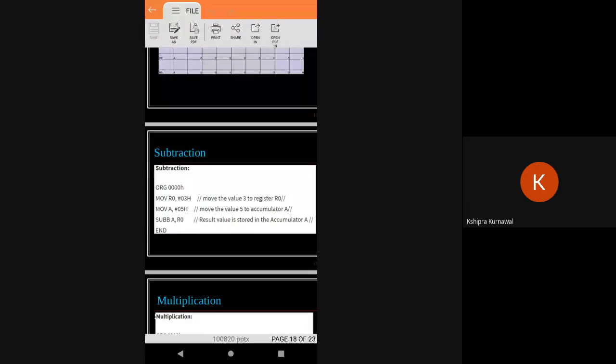You have listened the earlier sessions carefully, so that time only I gave the answer that by default R0, if it is written like this, so it is taken of RB0. RB0 चा R0 हा पहिला रजिस्टर पकडला जातो by default. So this is what R0 मध्ये 03 ट्रान्सफर केलेलं आहे.